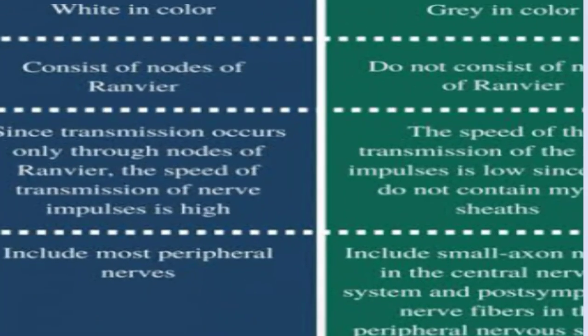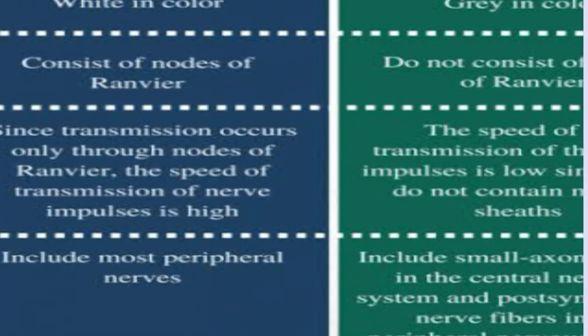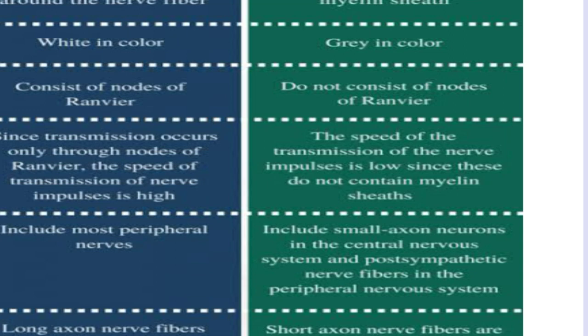In myelinated nerve fibers, transmission occurs only through nodes of Ranvier. The speed of transmission of nerve impulses is high. The speed of transmission of nerve impulses in unmyelinated nerve fibers is very low because they do not contain a myelin sheath. The myelinated nerve fibers include most of the peripheral nerves, whereas unmyelinated nerve fibers include small axon neurons in the CNS.